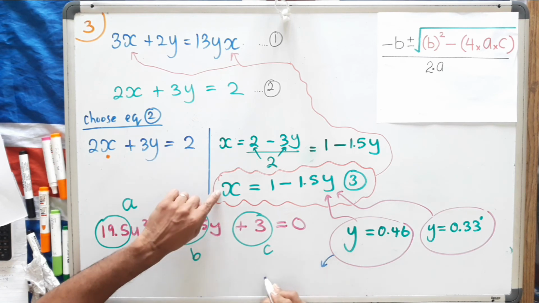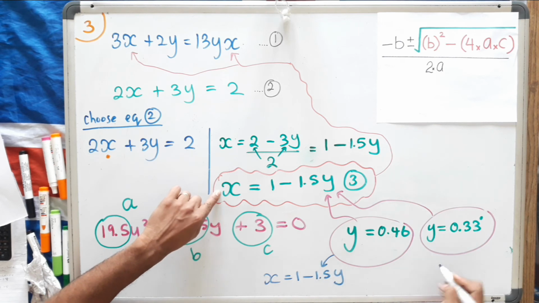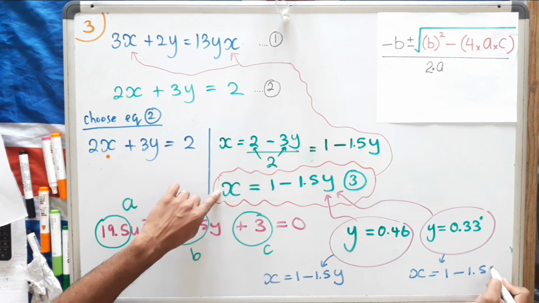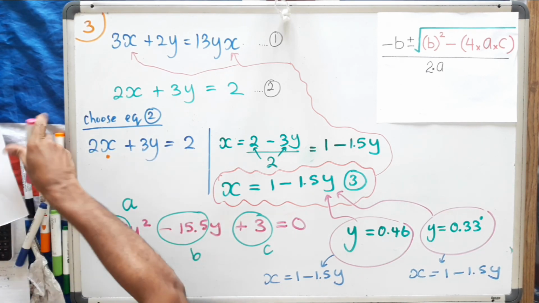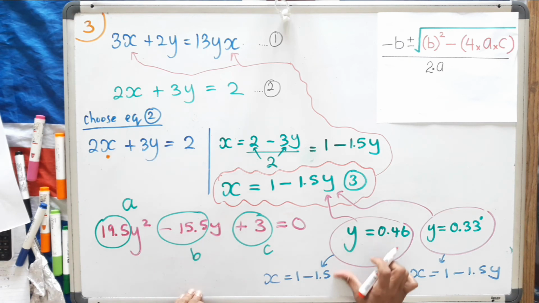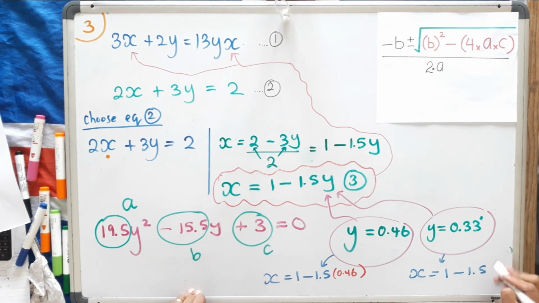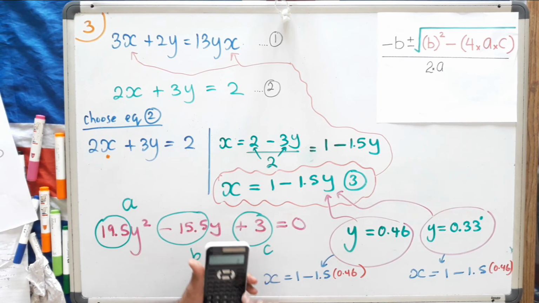So x is equal to 1 minus 1.5y. And x again is equal to 1 minus 1.5y. One second. Erase this y, replace it with 0.46. Erase this y and replace it with 0.46. Work this out straight on our calculator.